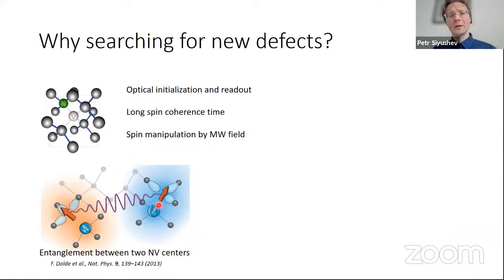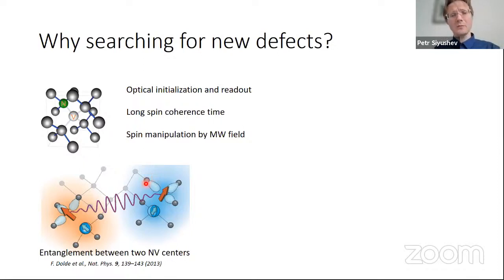And that makes this task really challenging from the technological point of view, because you somehow need to deterministically implant them with extremely high spatial resolution. So that's not a very simple way, and especially if you think about large quantum networks where qubits should be separated by large distances, this is also not suitable.